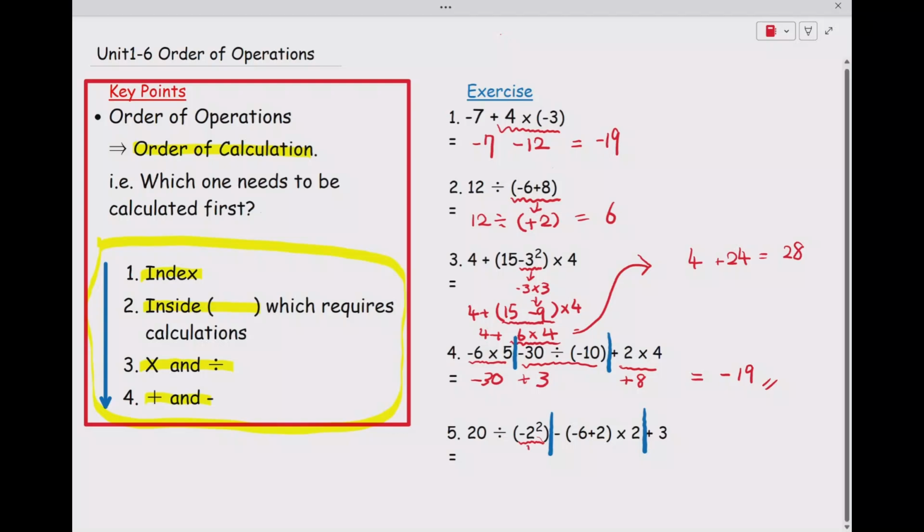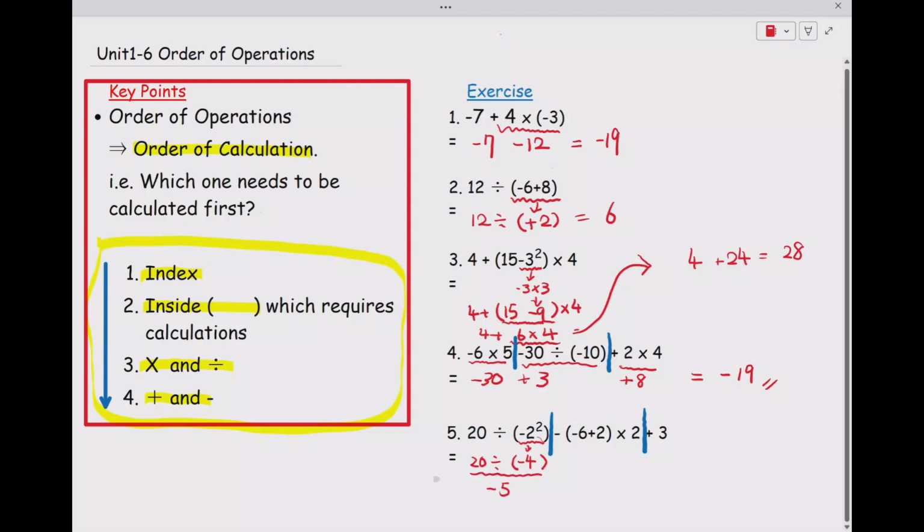It is the 2, and only the 2 that is directly touched by the index. Therefore, minus 2 to the second power means minus 2 times 2, which is equal to minus 4. Therefore, the first part of the equation will be 20 divided by minus 4, which is equal to minus 5.